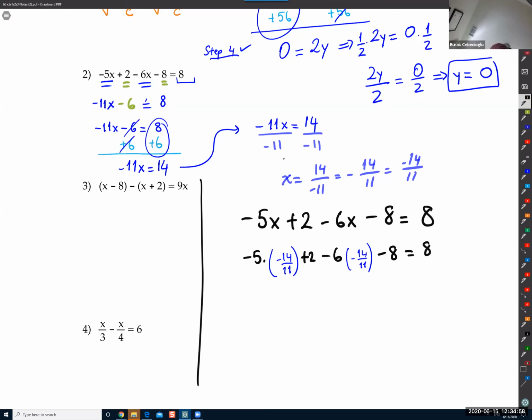Time to use some calculator. My calculator is out of battery. Okay, so what's 5 times 14? That's 70 over 11. Forget about the calculator.